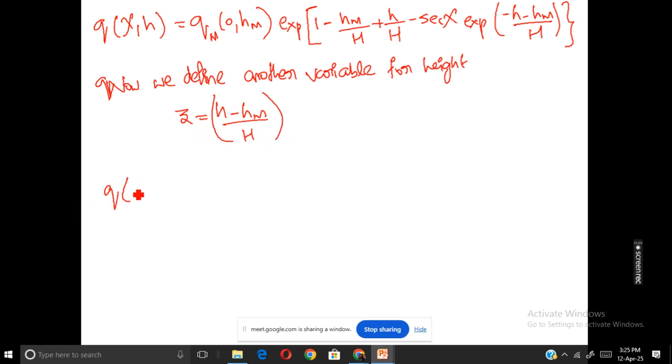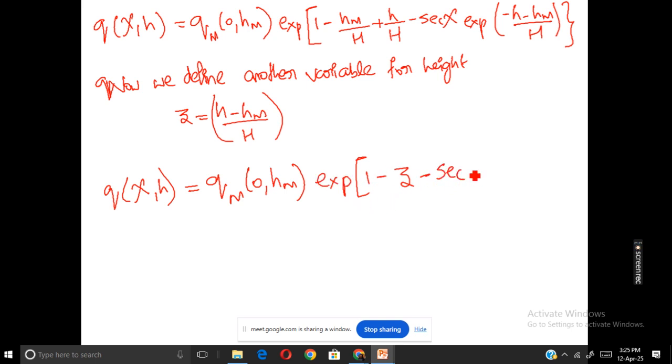So the equation finally simplifies into Q of chi h is equal to Qm0 into exponential of 1 minus Z, h minus hm by H will become Z, 1 minus Z minus sec chi.